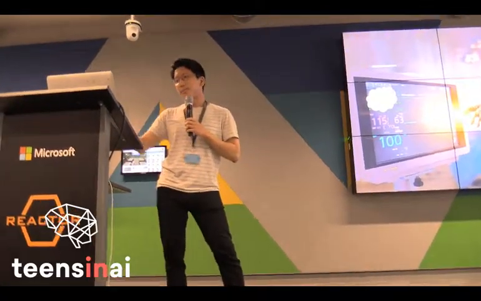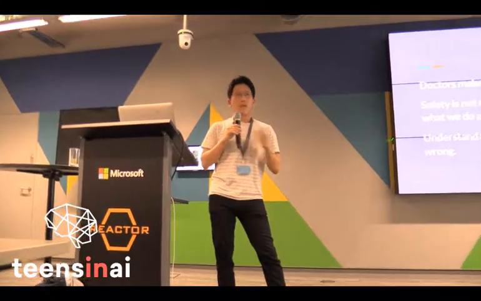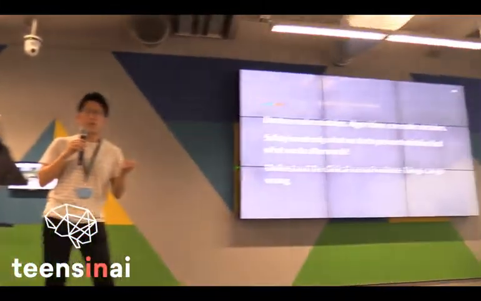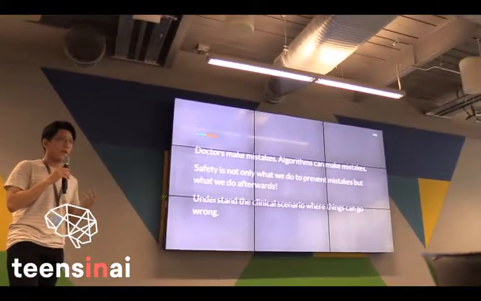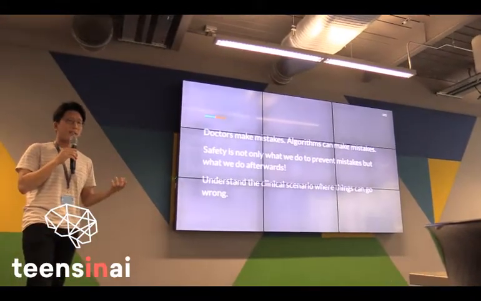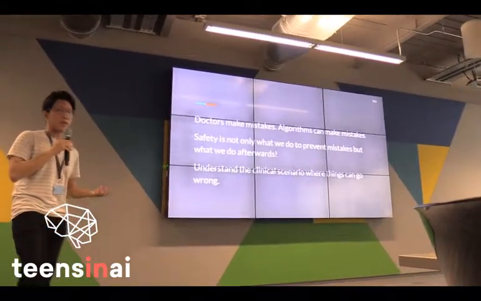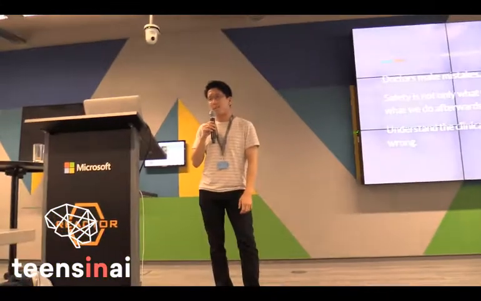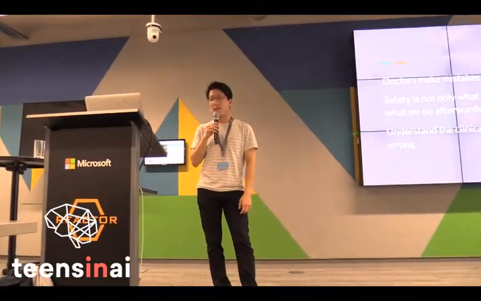Doctors make mistakes, so can algorithms. The importance and safety is that we need to be able to go back and fix it, and in order to fix it, we need to know where it went wrong. And that's just what I want to say about interpretability.